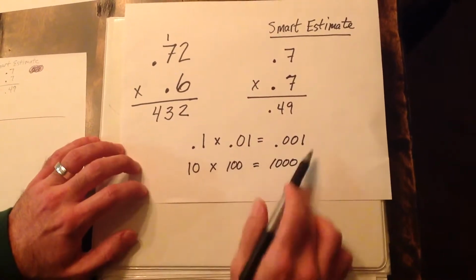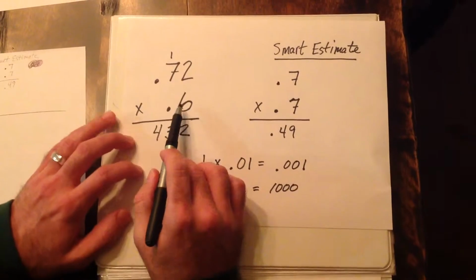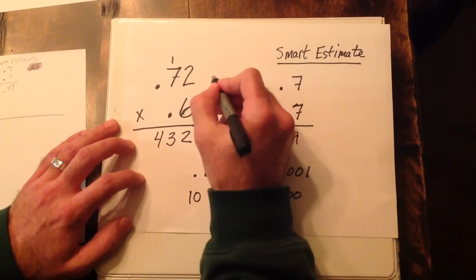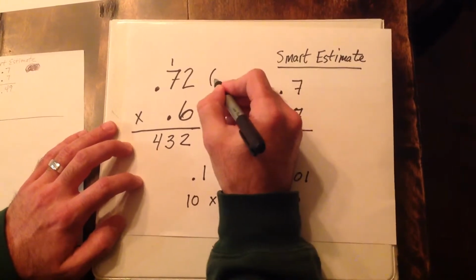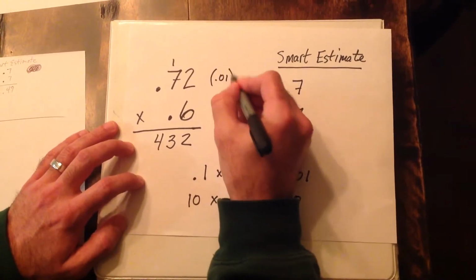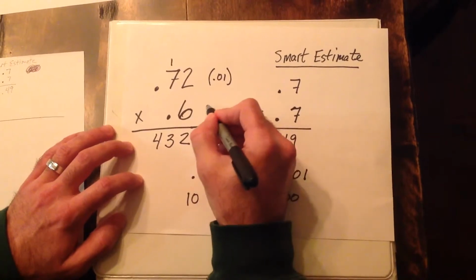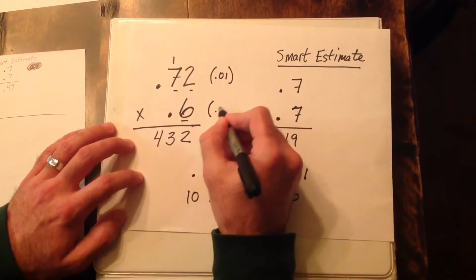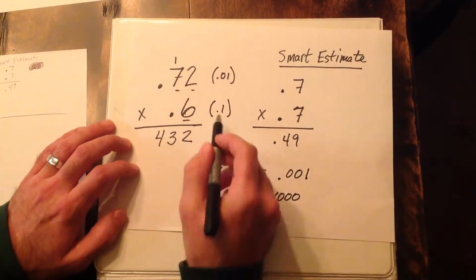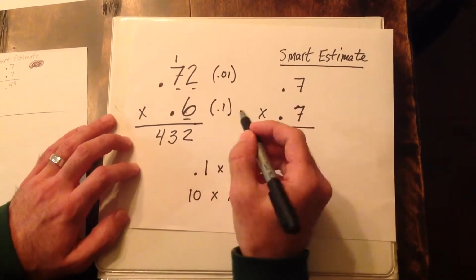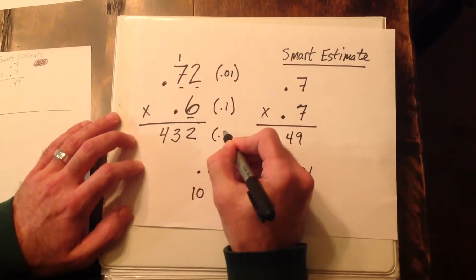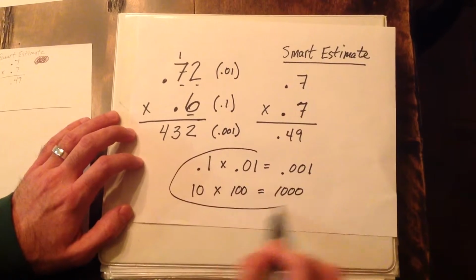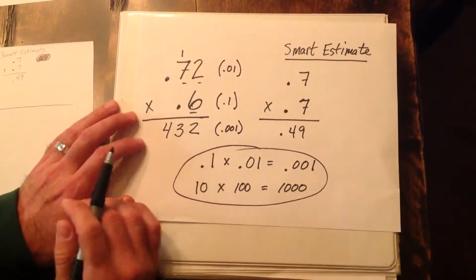So we can apply that to multiplying decimals. In this first one, I have 72 hundredths, and I'm multiplying that by a tenth place value. So I have a product that should be in the thousandths.